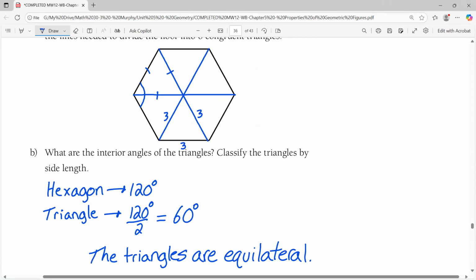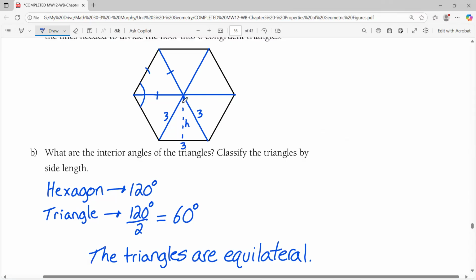We're going to use the common one, base times height divided by 2 for triangles. Unfortunately for us, though, we don't have the height. So that is unknown. Okay, but we can find it. So that'll be our first step.